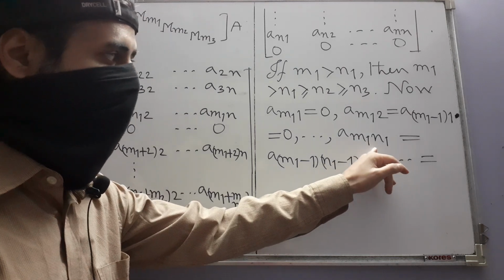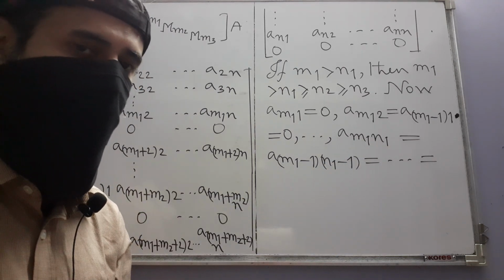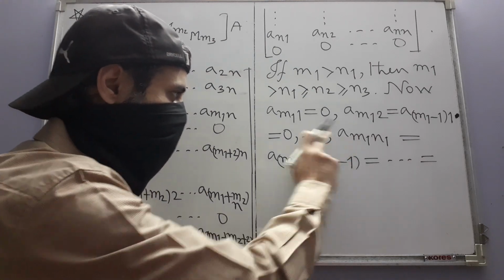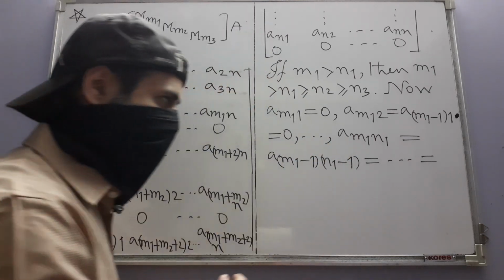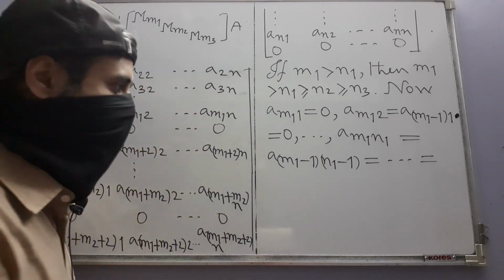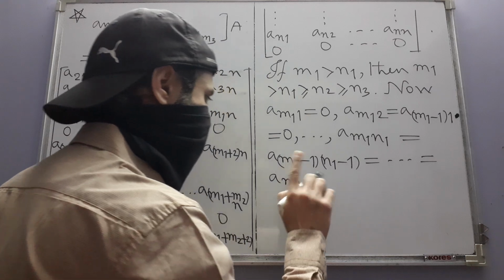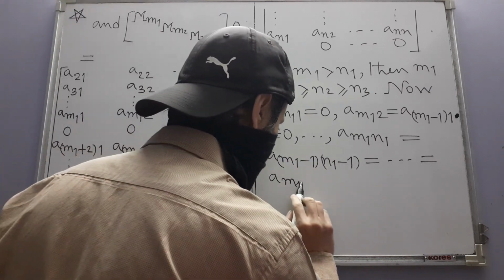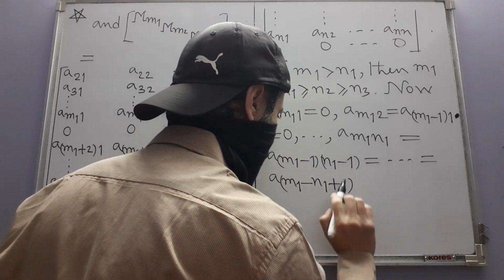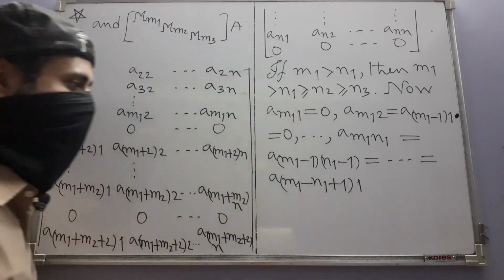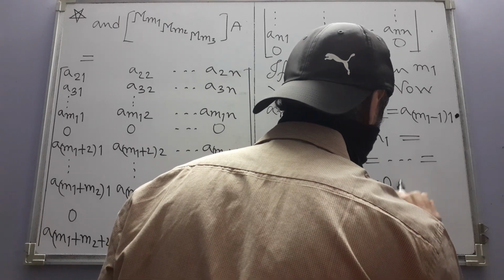For that, you have to entirely subtract n1 minus 1 from n1. And the same thing you have to subtract from m1 also. Do you recall that this is how we argued in the previous solution? So if you subtract n1 minus 1 from m1, you get m1 minus n1 plus 1. And the second index becomes 1. So that's how you also get 0 here.